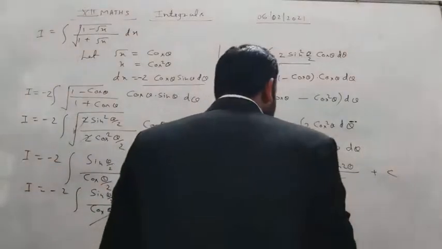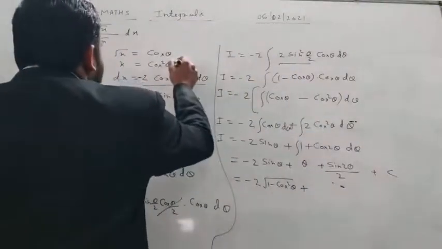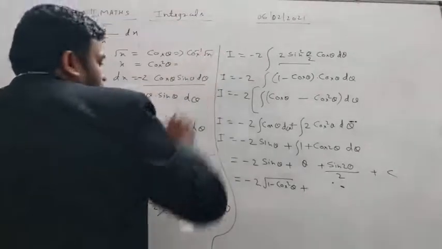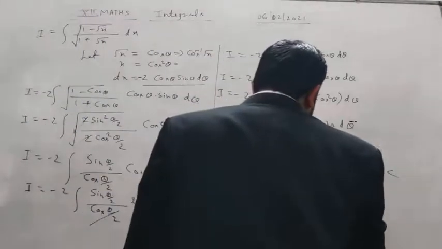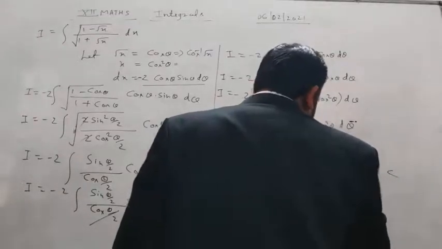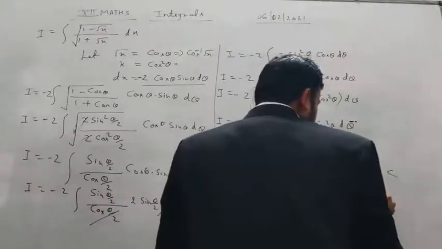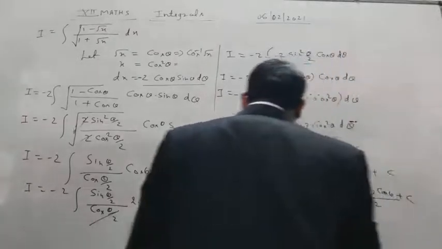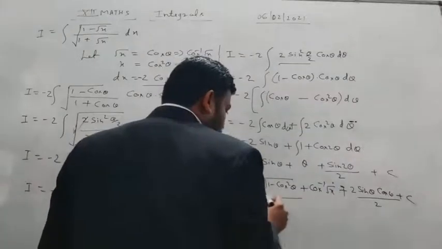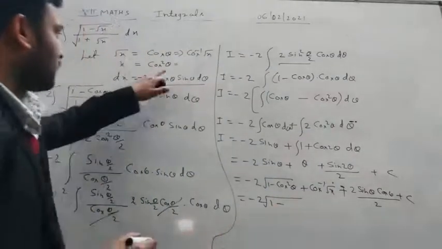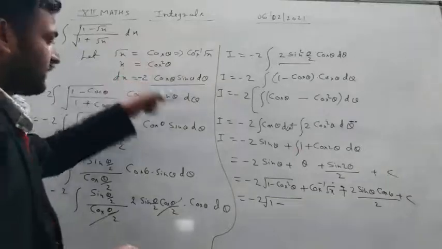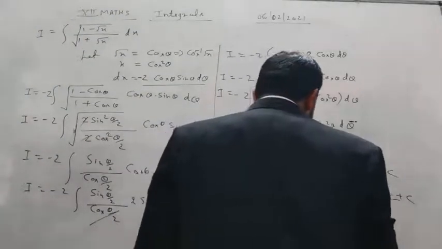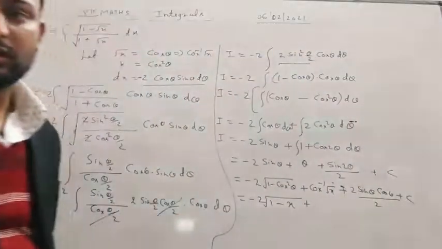From here, theta is cos inverse root x. So we can write cos inverse root x, and sin 2 theta we can write as 2 sin theta cos theta by 2, plus c. So 2 under root 1 minus cos square theta, and cos square theta is equal to x, so we write x here, plus cos inverse root x.